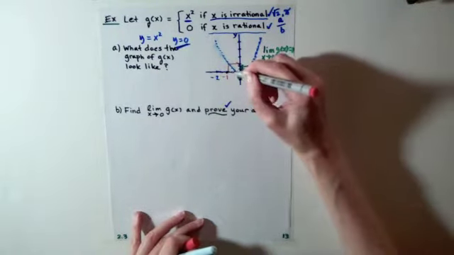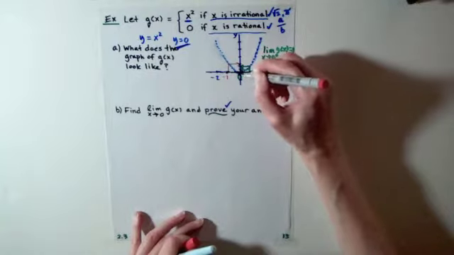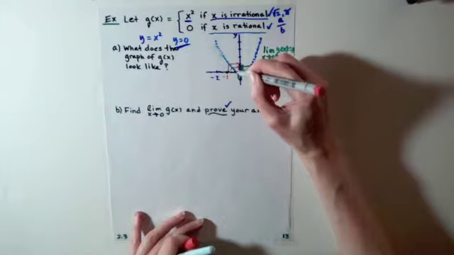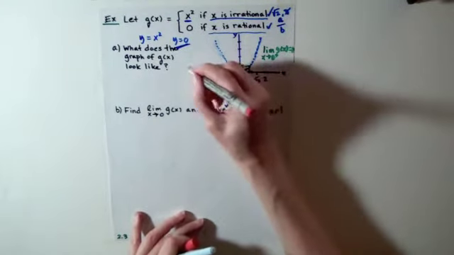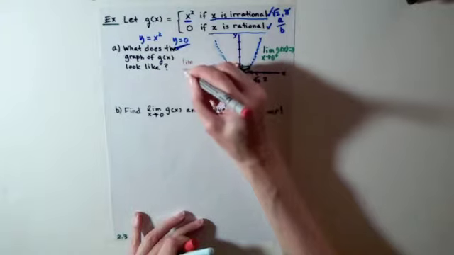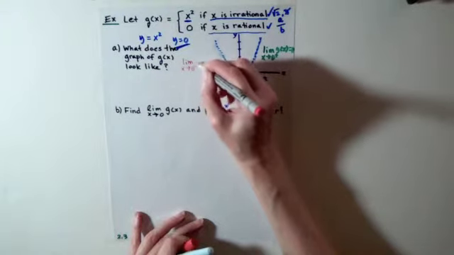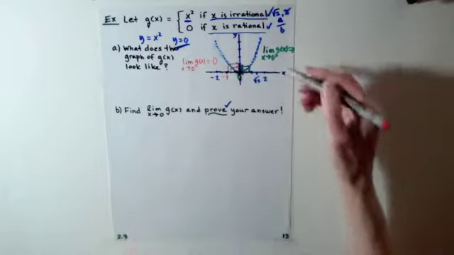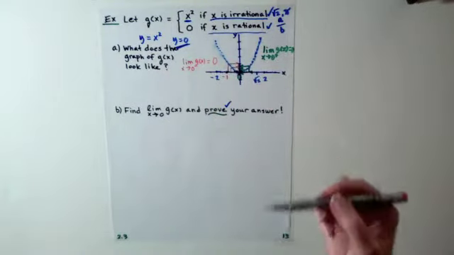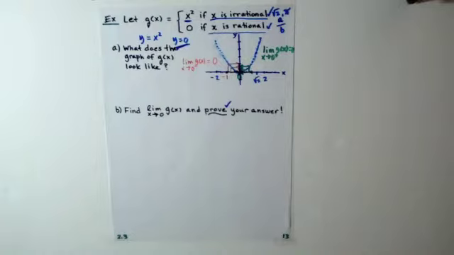So I'm going to either be getting outputs that are equal to 0 or outputs that are successively getting closer and closer to 0. And so the limit of this function as x approaches 0 from the left would also be equal to 0. That, though, is not really a proof.